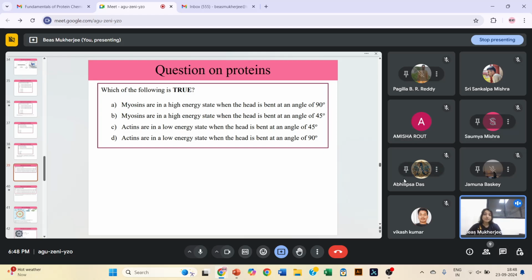Myosins are in a high energy state when their head is bent at an angle of 90 degrees. Myosins are in a high energy state when the head is bent at an angle of 45 degrees. Actins are in low energy state when the head is bent at an angle of 45 degrees, and actins are in low energy state when the head is bent at an angle of 90 degrees.